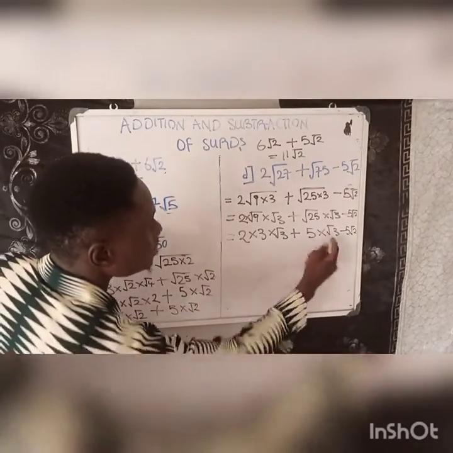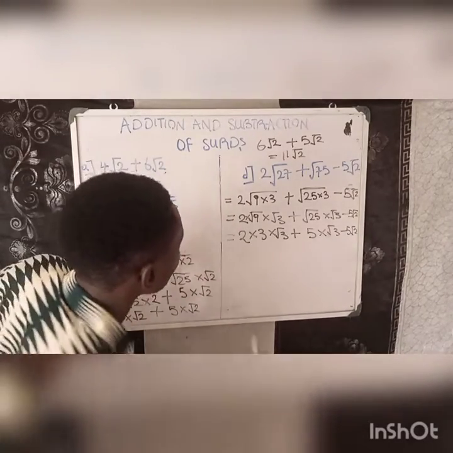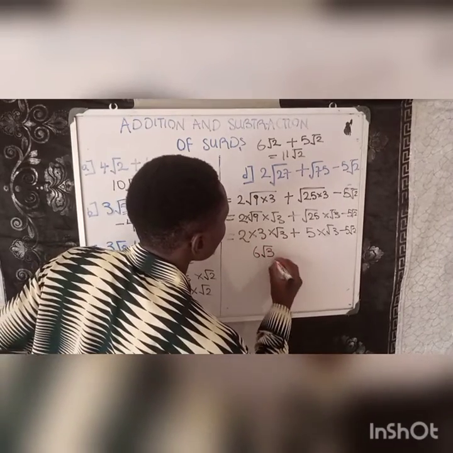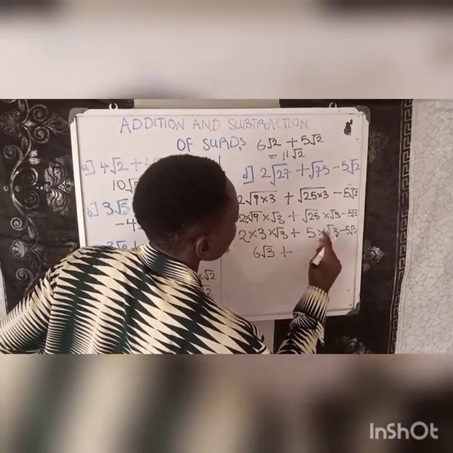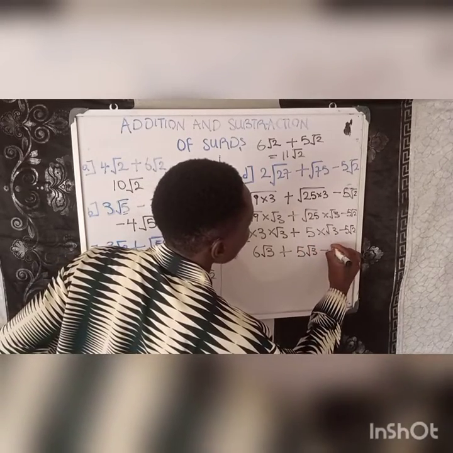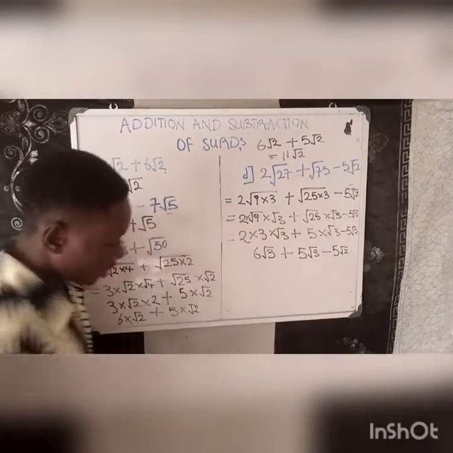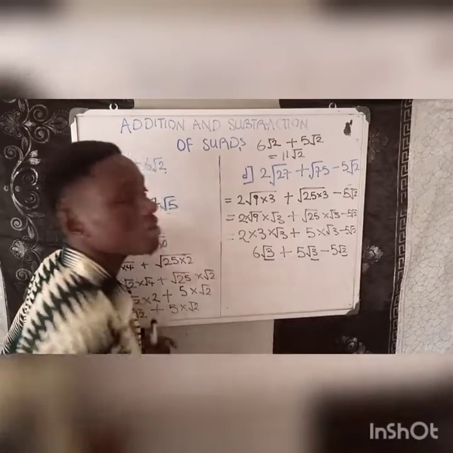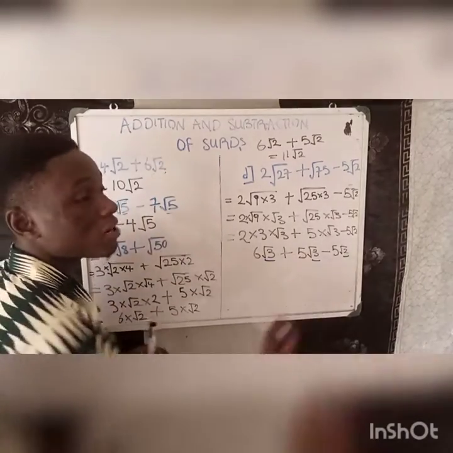You see we are having similar surds now. So let's simplify more. 2 times 3 gives 6 root 3, plus 5 root 3, minus 5 root 2. Notice that these two are similar, but this one is not similar. So we can only add, but we cannot subtract.